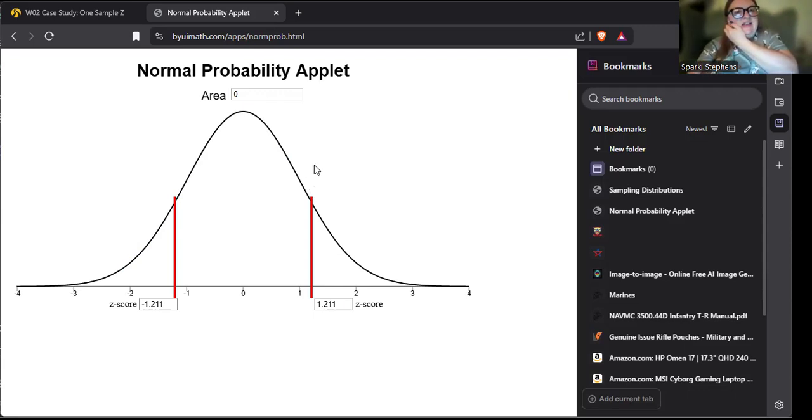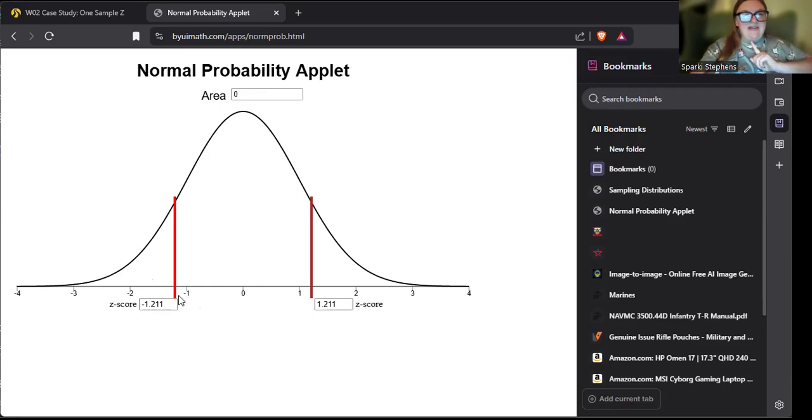It'll be like X bar minus mu over sigma, and it gives you one, and then you do the other one, and it gives you the other. But the z-score is always going to be the same, just positive or negative. If they give you two X bars and you calculate different z-scores, then you've done something wrong. They should be the same. It's always good to do both, so if you have made a mistake, you can catch it quite easily.